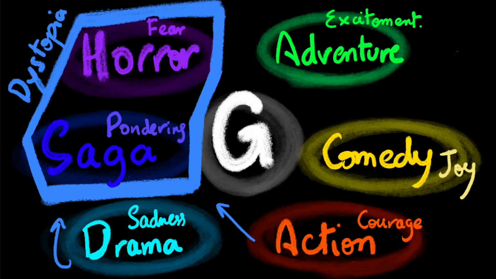If you intend to write a dystopia, you'll want to focus mainly on horror and saga. At the core of dystopia, there is fear, there is uncertainty, there is horror. You can add some action, you can add some drama.